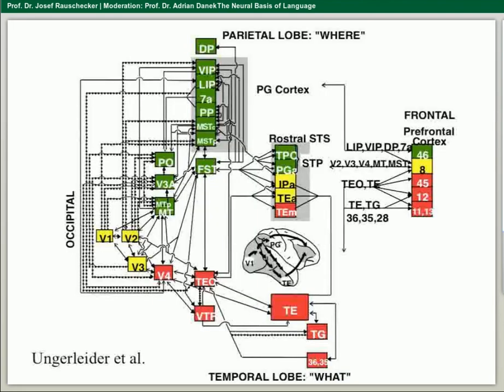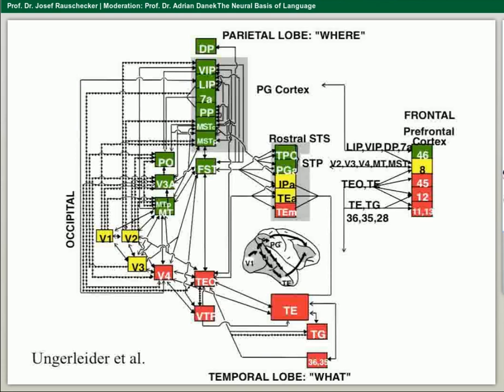So we are interested in this question now, most of all, and we took a model again from the visual system, which is well developed, where we've known for maybe 20 years that there's not just one visual area, it's not just the visual cortex in the back of the brain, area 17, as Brodmann called it, but there are lots of associated areas that are working in parallel or in series to that.